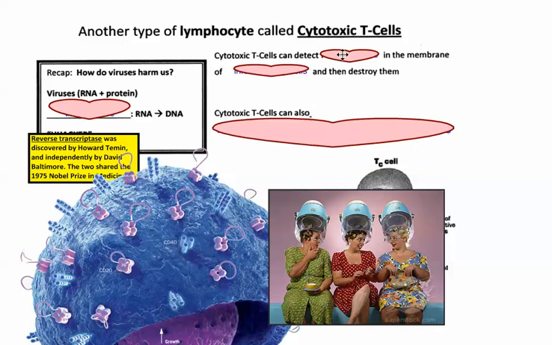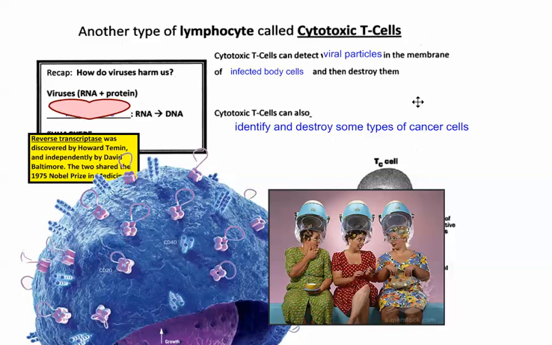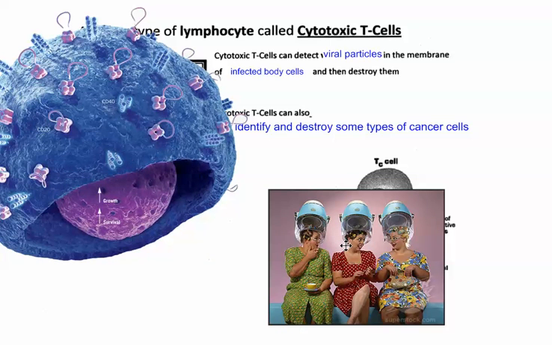So cytotoxic T cells are good because they can also target viral particles that are in the membranes, and they can help to destroy cells that have been infected by viral particles. They can also target different types of cells that are dividing uncontrollably, so they're also targeting some kinds of cancer cells.